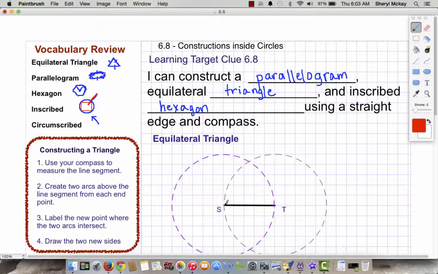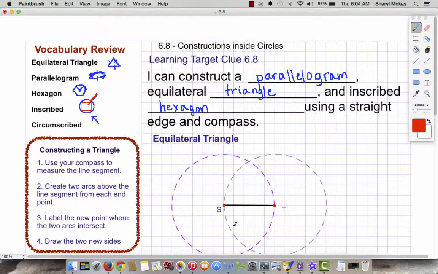So what I'd like you to do is think about what you know about triangles, about using a compass and a radius, and see if you can figure out how you would construct an equilateral triangle using the length of ST to be the length of your side. And hopefully you can see exactly where you would put your compass, how you would make your arcs, because you see my circles there, and where you would make your third point. So see if you can try that.